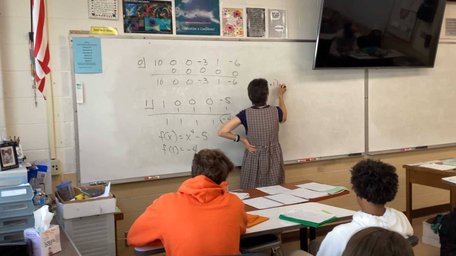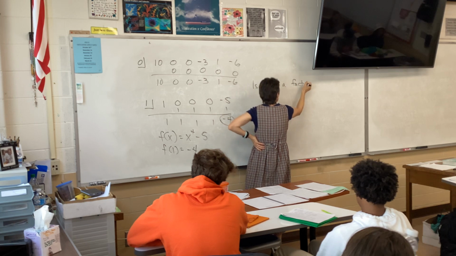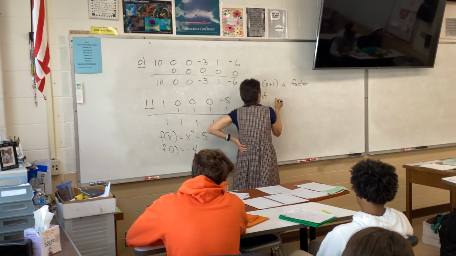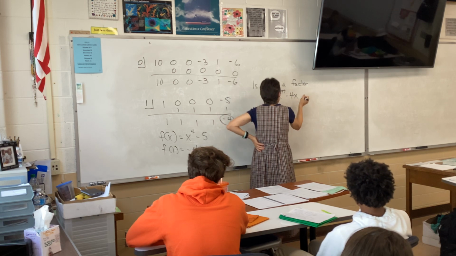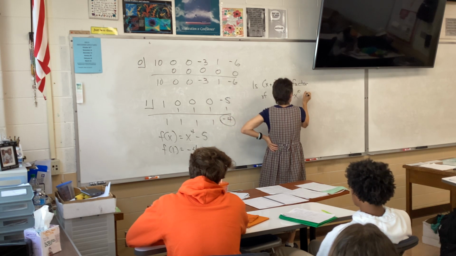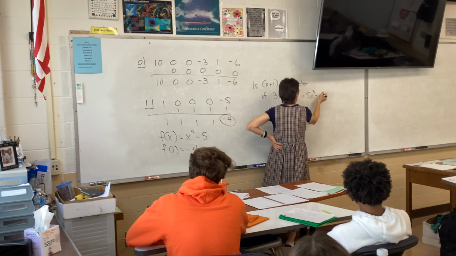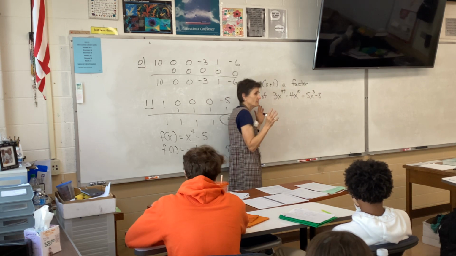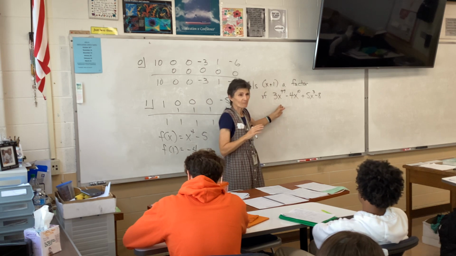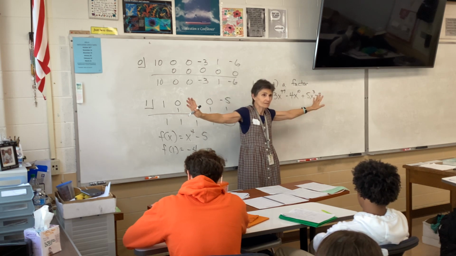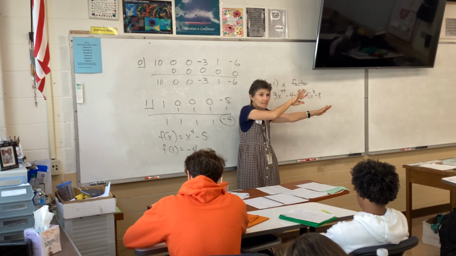This can be really helpful if, for example, you were asked some big, huge, hideous problem like, is x plus 1 a factor of 3x to the 99th minus 4x to the 10th plus 5x cubed minus 8, something like that. Nobody wants to divide, because it's going to be huge with all the zeros in there.